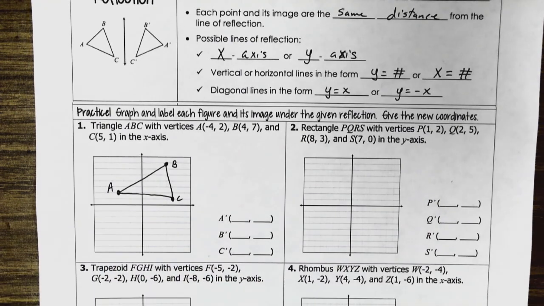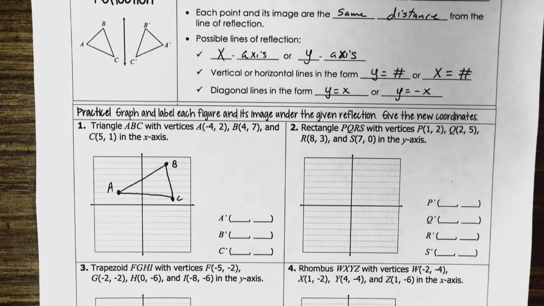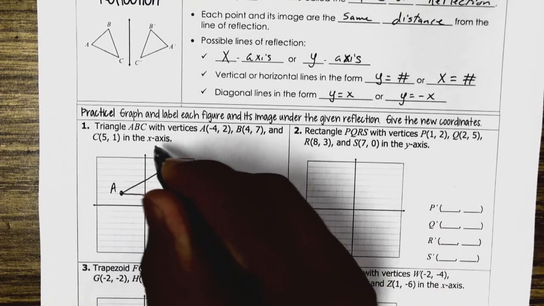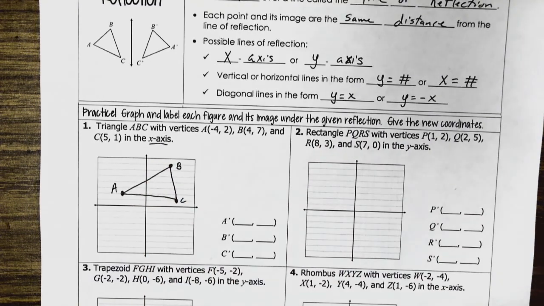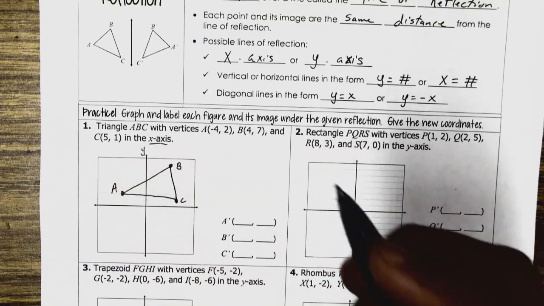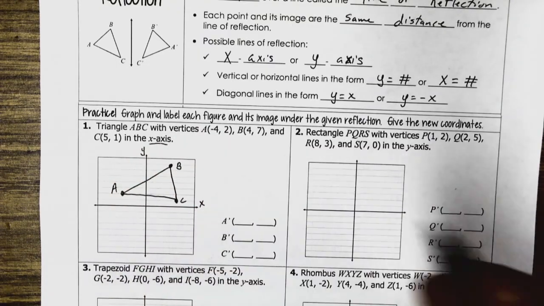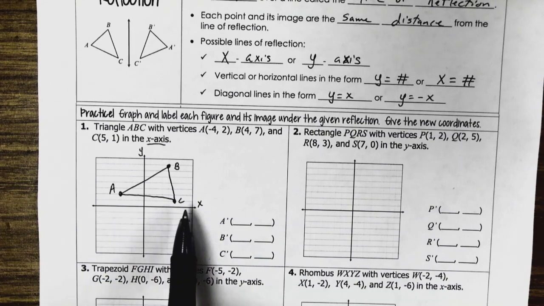Okay, so what we need to do is find how far apart the points are from the line of reflection. The line of reflection is going to be the x-axis. The one going up and down is the y-axis. The one going left and right is the x-axis. So right here, this is the line of reflection.